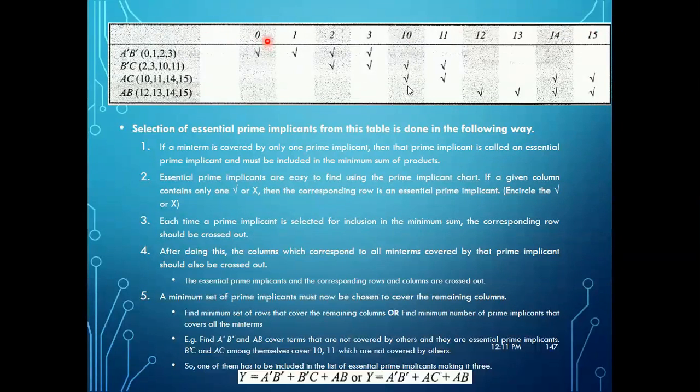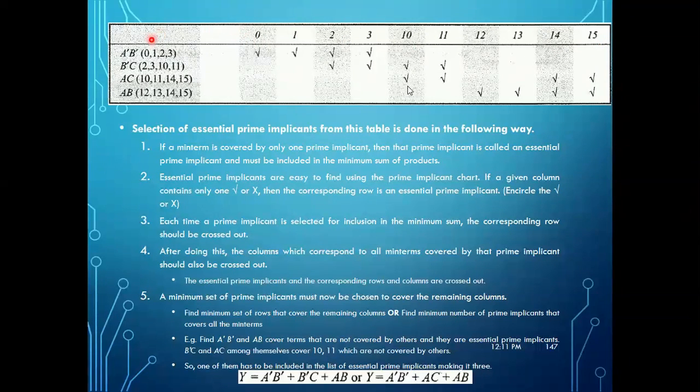The first minterm was 0, next 1 2 3 10 11 12 13 14 15. These minterms are given already in your problem, and you have written those minterms as well. One side you will be writing the prime implicants, the other side the minterms.